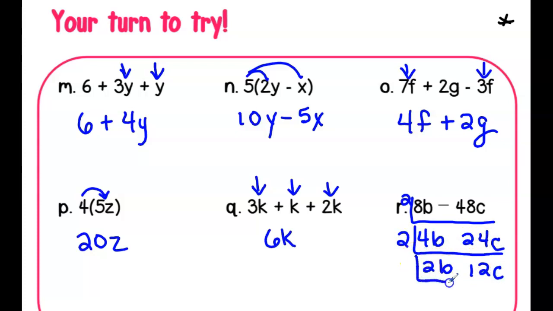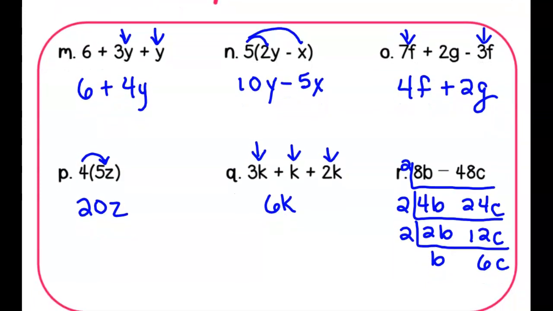And it looks like I can divide by 2 again. And now I'm ready to write my expression. My GCF that I factored out is 2 times 2 times 2, which gives me 8. I'm left with b minus 6c in parentheses.